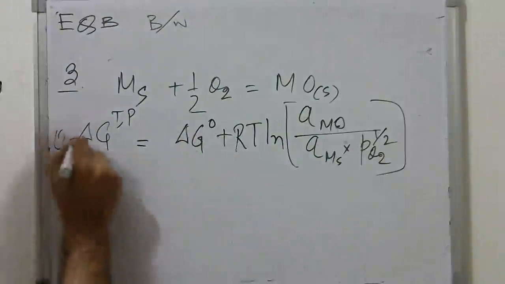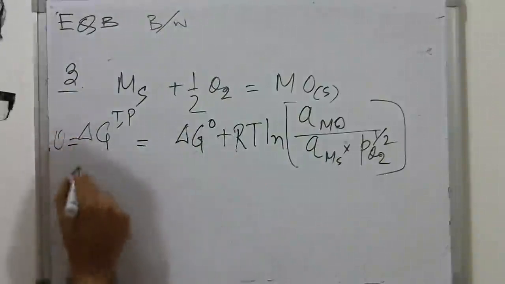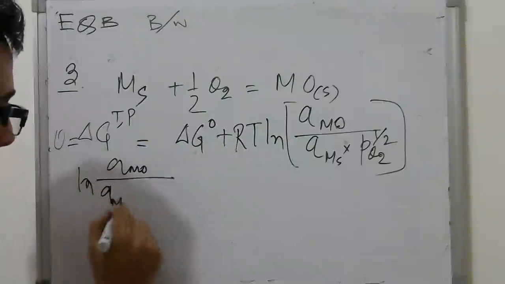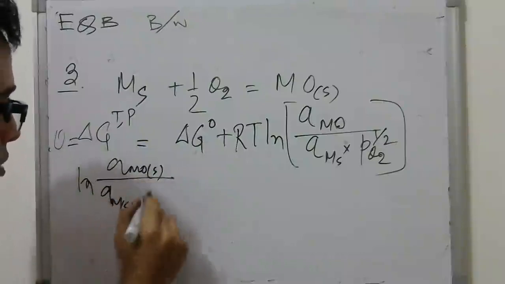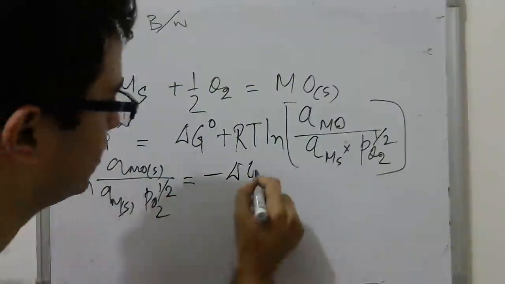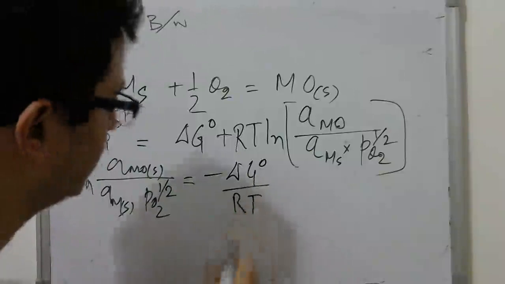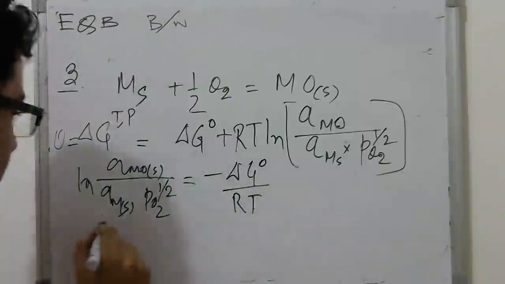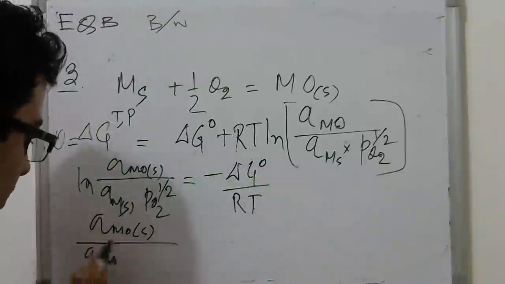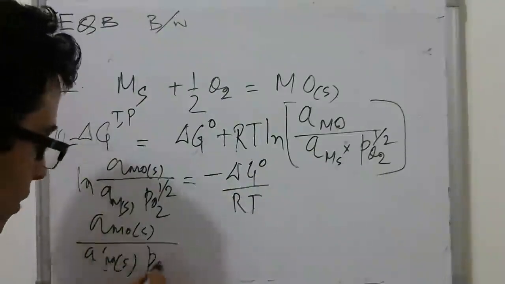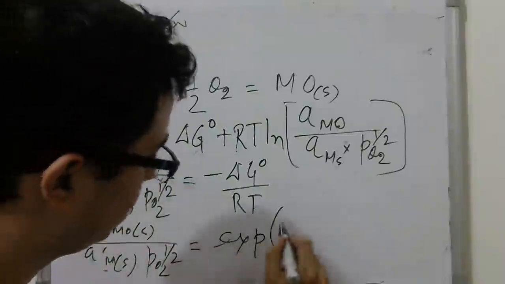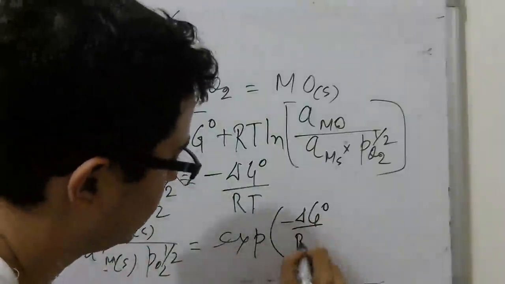So if I put it zero, I have a direct correlation: ln of AMO by AMS solid, it's also solid, PO2 half is minus ΔG0 by RT. Normally it is written as AMO solid by AM solid, PO2 half is exponential minus ΔG0 by RT.